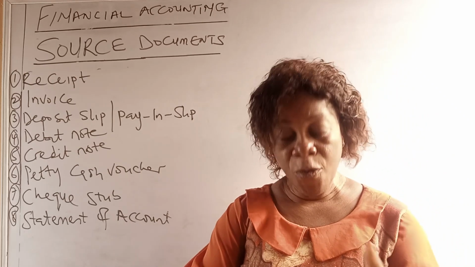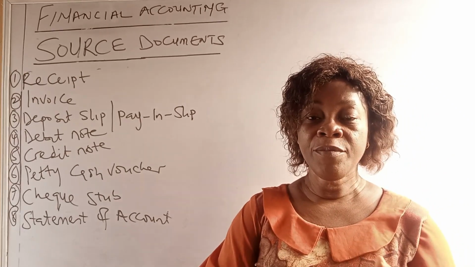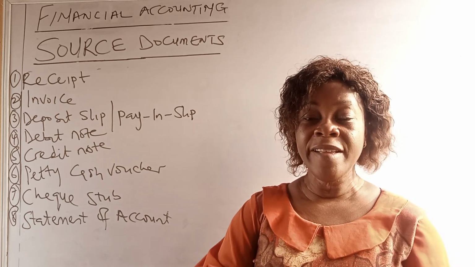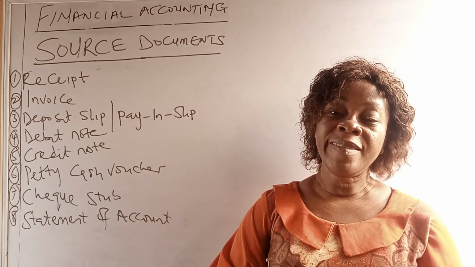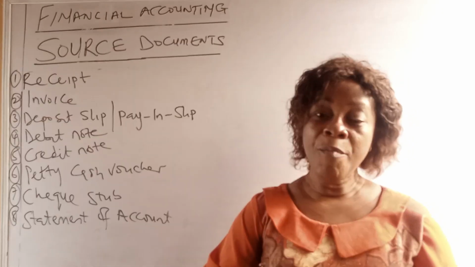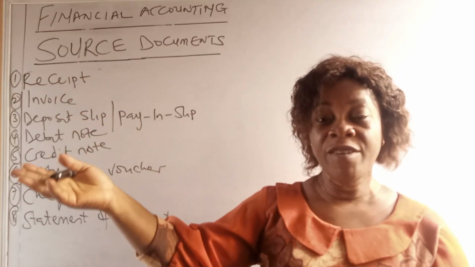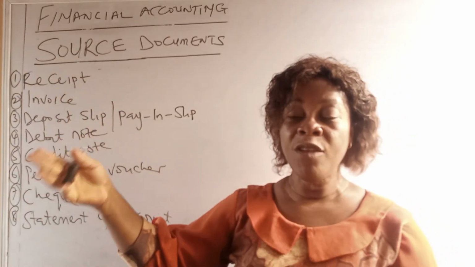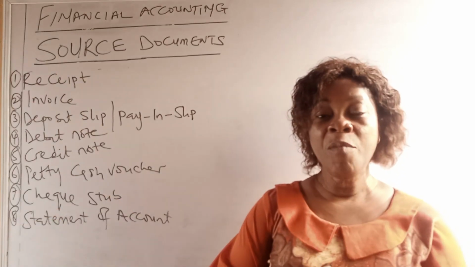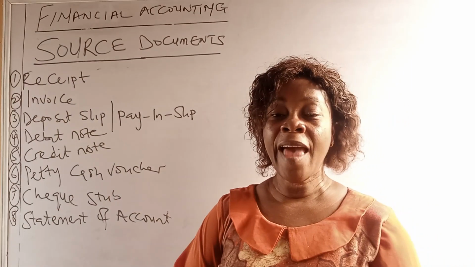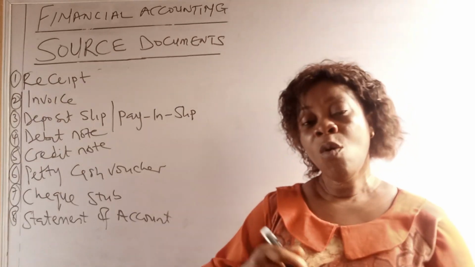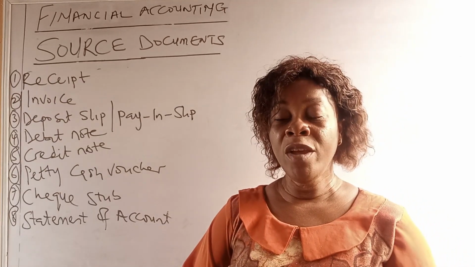It has columns for date, details, which is also known as particulars, debit, credit and balance. The debit side of the statement of account contains the amount. Whenever there is an increase in the amount the debtor is owing the seller, it will be recorded on the debit side, while the credit side contains reduction in the balance the buyer is owing the seller.